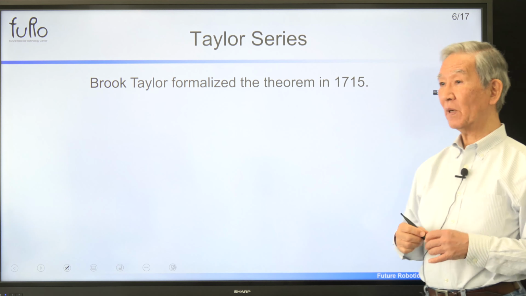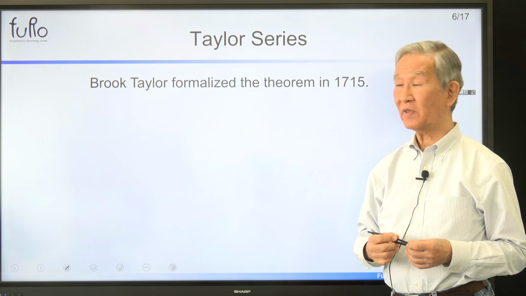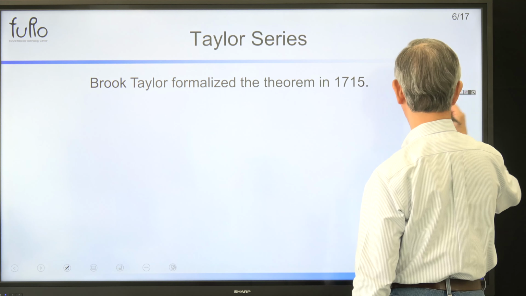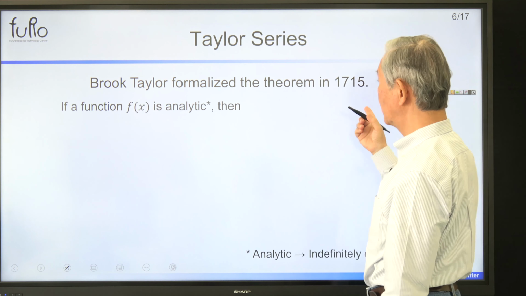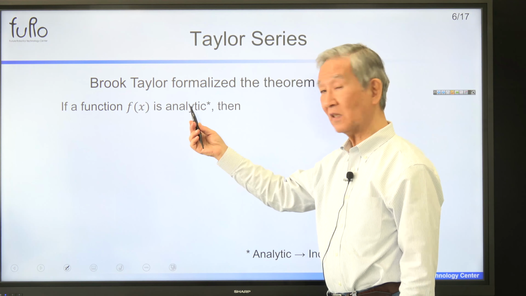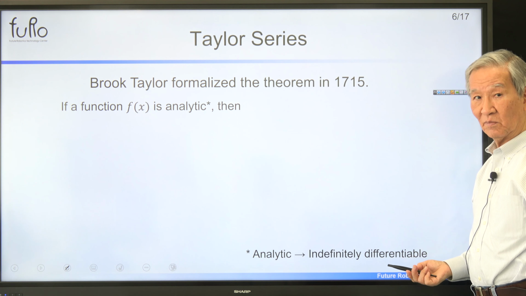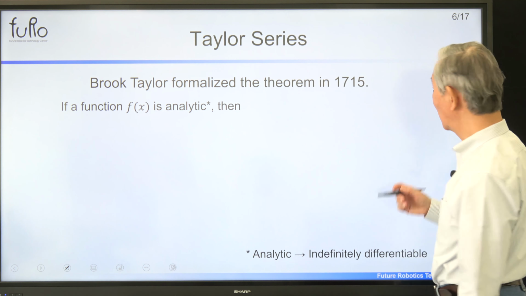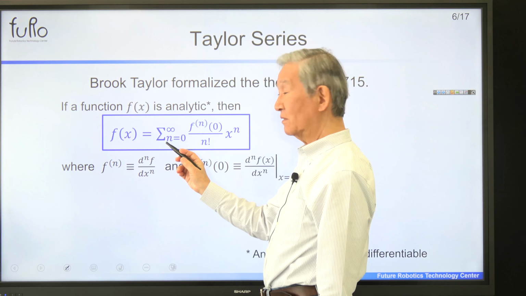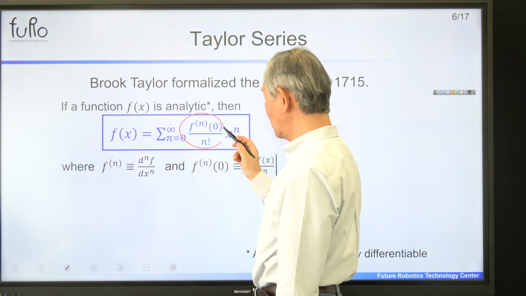And the use of the power series is this one here, the Taylor series. Brook Taylor formalized this one in 1715, and the assumption is that if f of x, a function, is analytic, meaning that you can differentiate as many times as you like, then f of x can be written in terms of this power series where the coefficients are given by this one here.